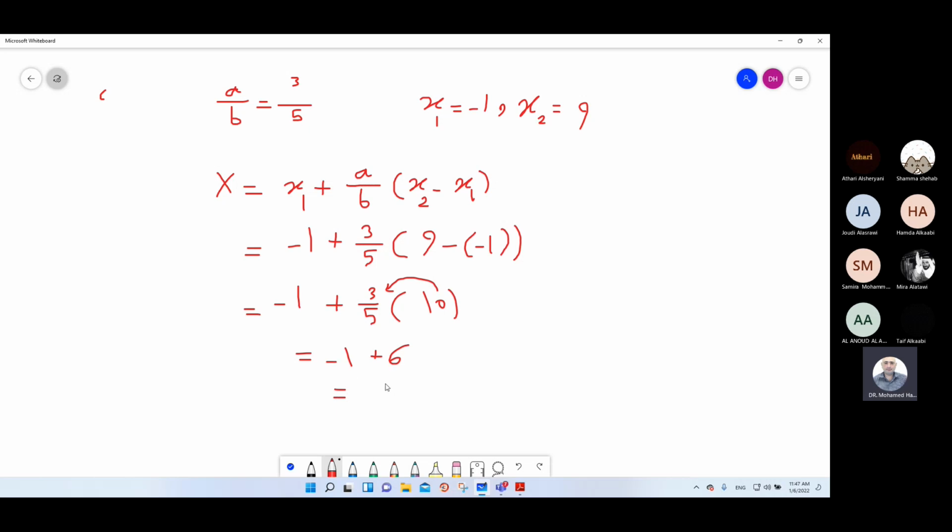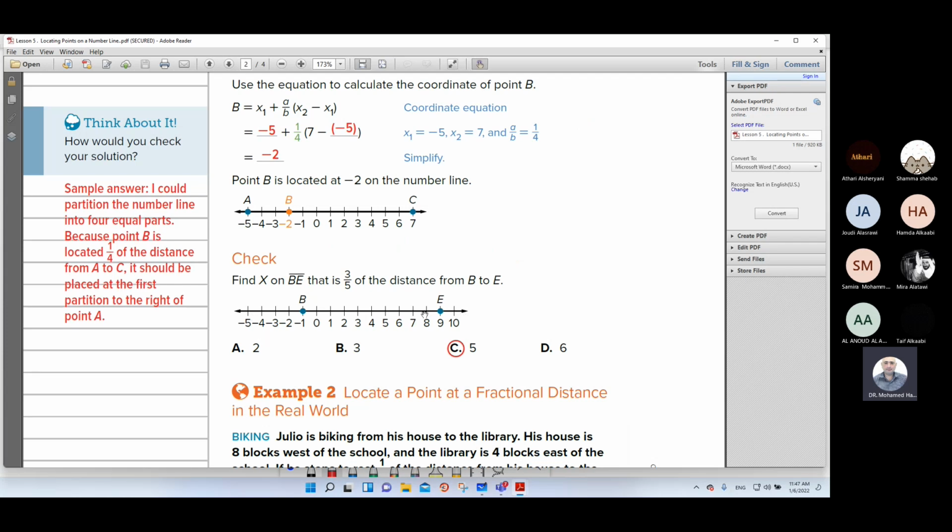Negative 1 plus 6 will be 5. So the point x on the number line is at the number 5, so x will be at this point. So this is the right choice.